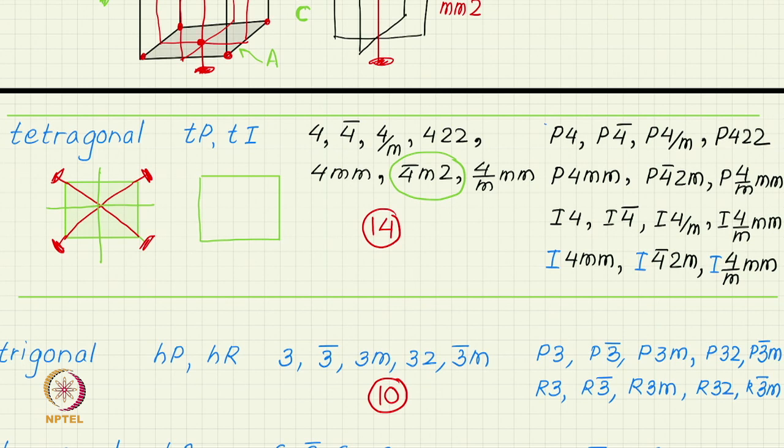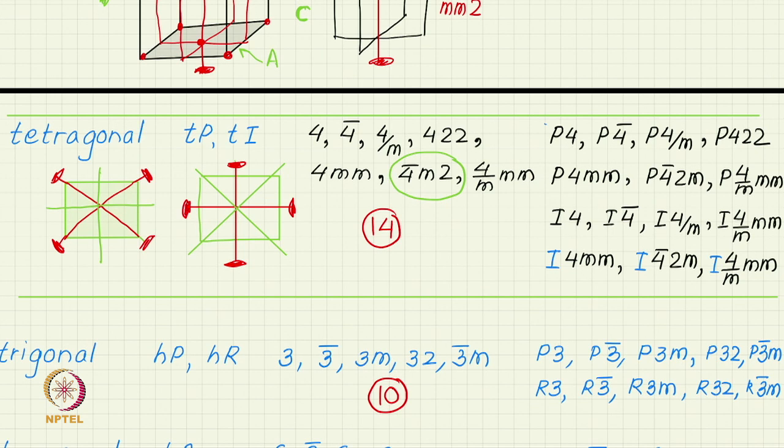And in this case, I will now put the two-fold along the square edges, parallel to the square edges, whereas mirrors in the perpendicular direction. So you can see this is actually the same point group, but oriented differently with respect to the lattice.